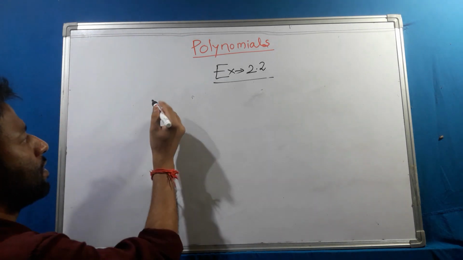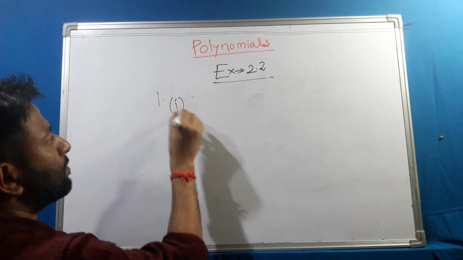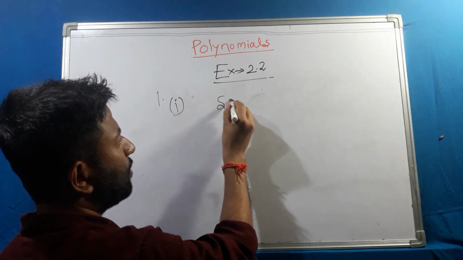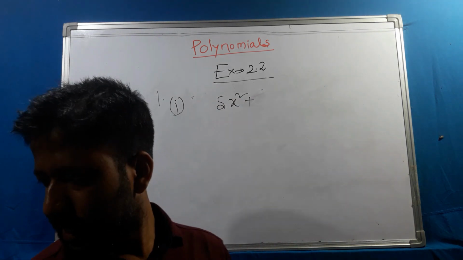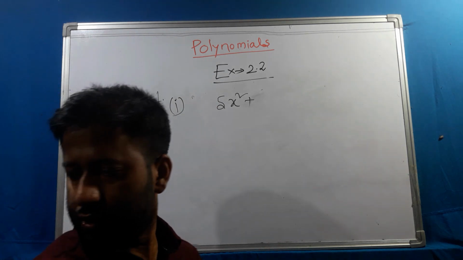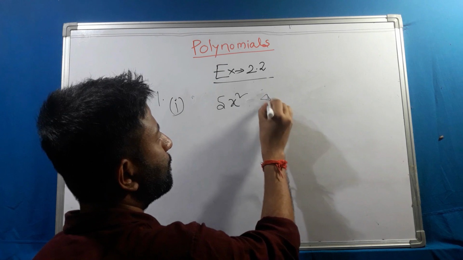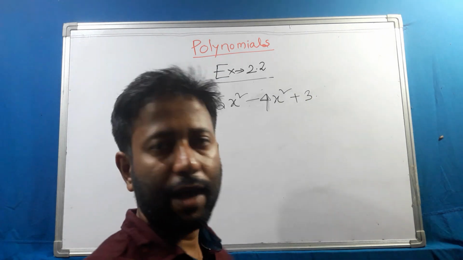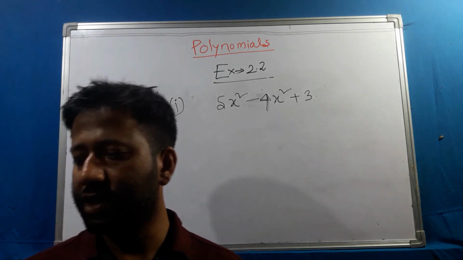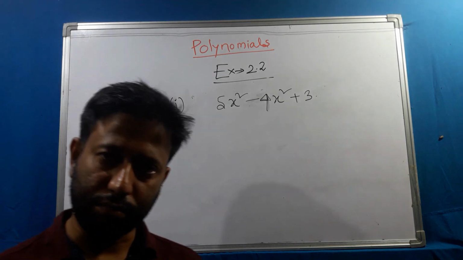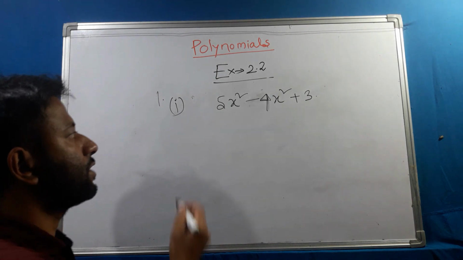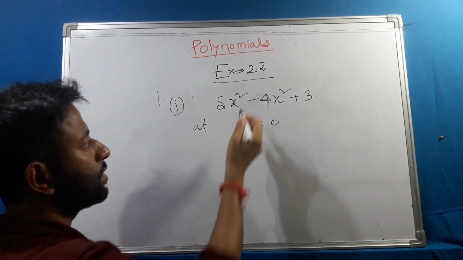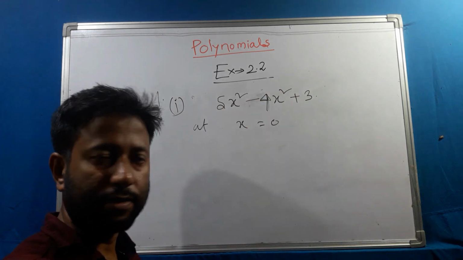In question number 1 they have given the polynomial 5x minus 4x square plus 3, and asked us to find its value by putting given values. First, at x equal to 0, I have to put the value in and check the result.